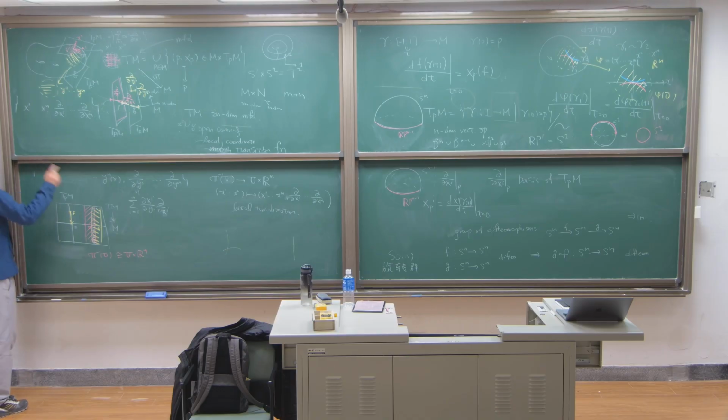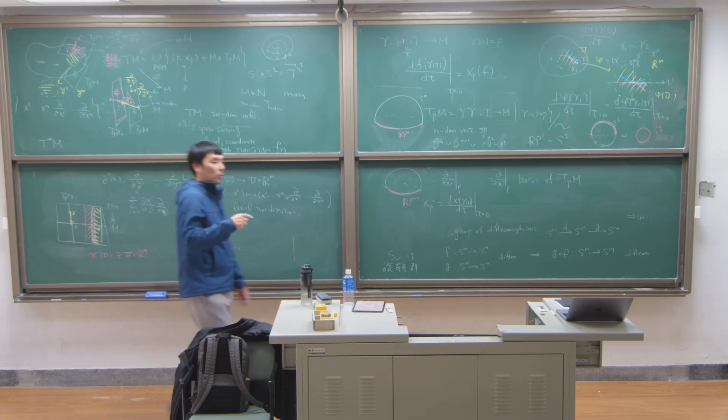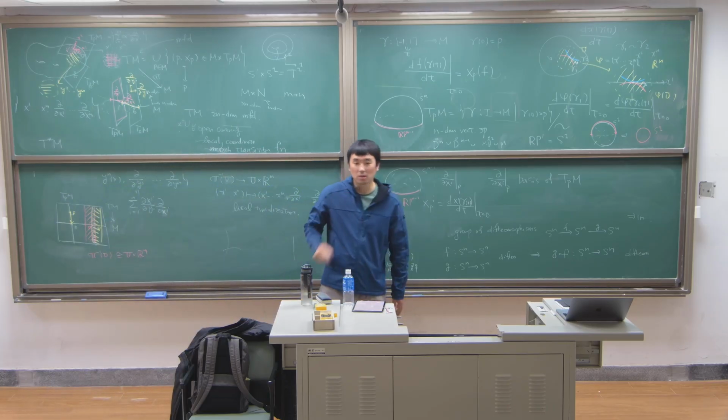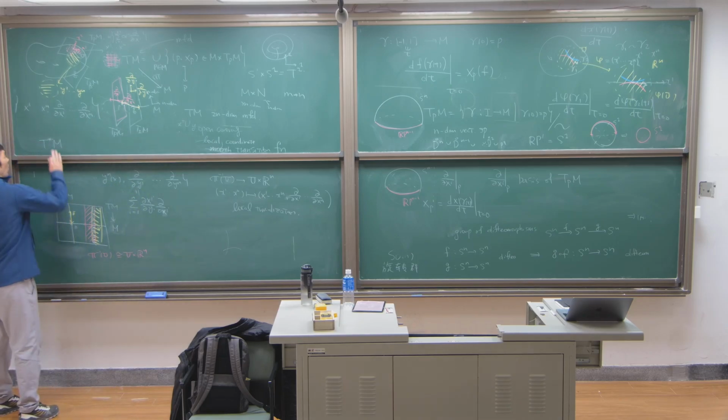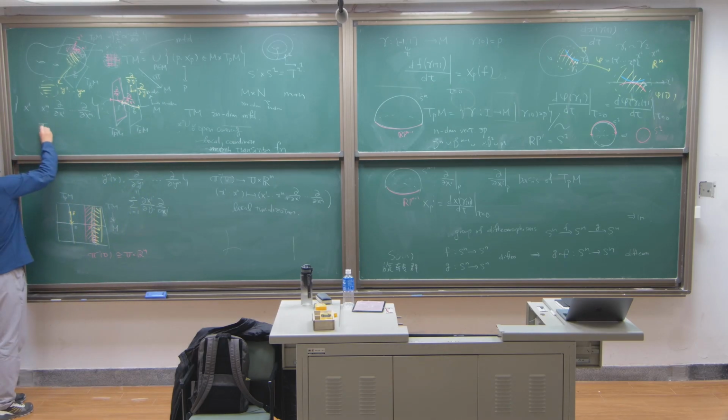And the tangent bundle is one of the examples. Another example we will learn is the cotangent bundle. All those things, you can always consider the projection from the bundle to the manifold itself.